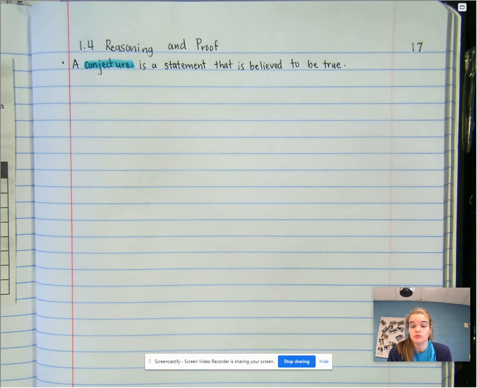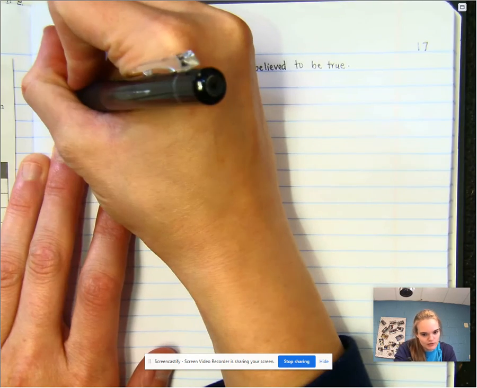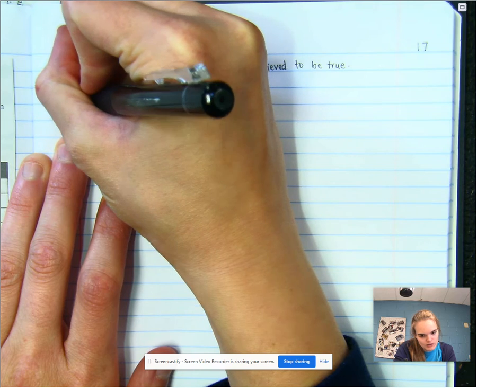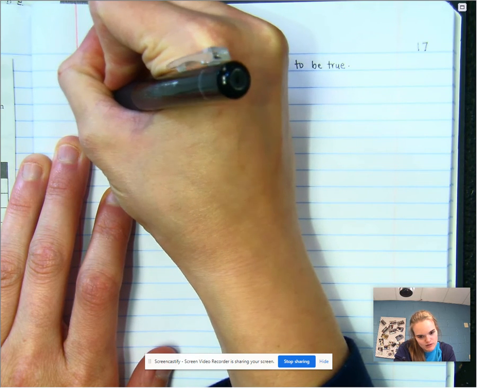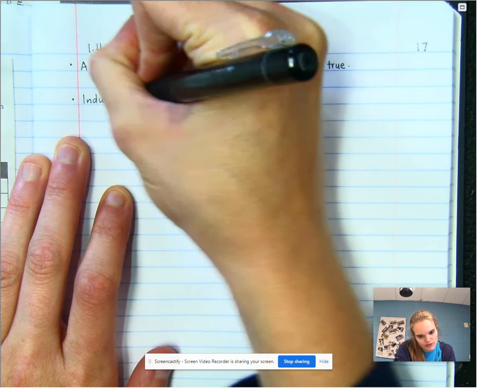That might not be true, but I believe it's true, so it's a conjecture. Everyone in my 6th period loves math. That would be my conjecture. Okay? Next, inductive reasoning.